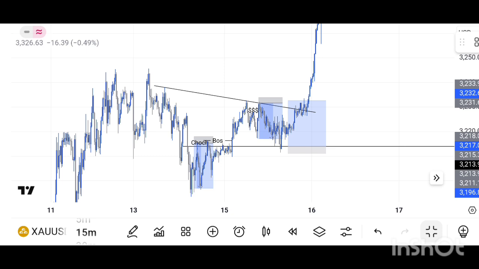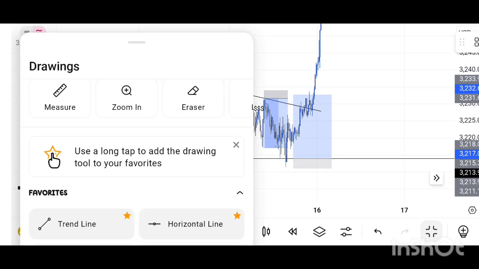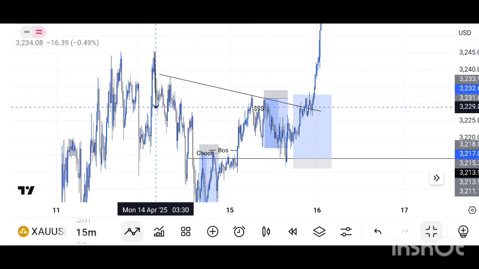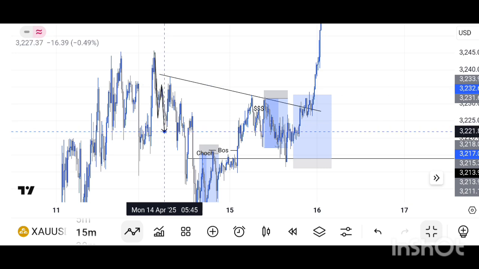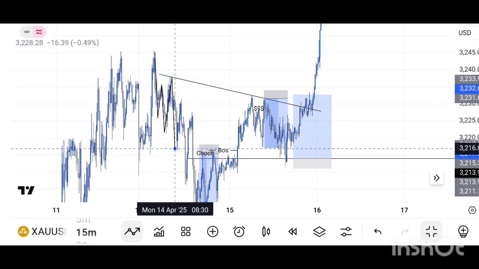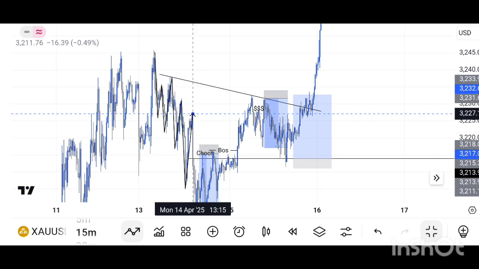Okay, so firstly, what do we see? Let me bring out my chart so you can see gold is moving in a mini downtrend. That is, there's a downtrend inside the main trend, which is an uptrend. We know that the main trend is up, but we have been able to spot downward movement.